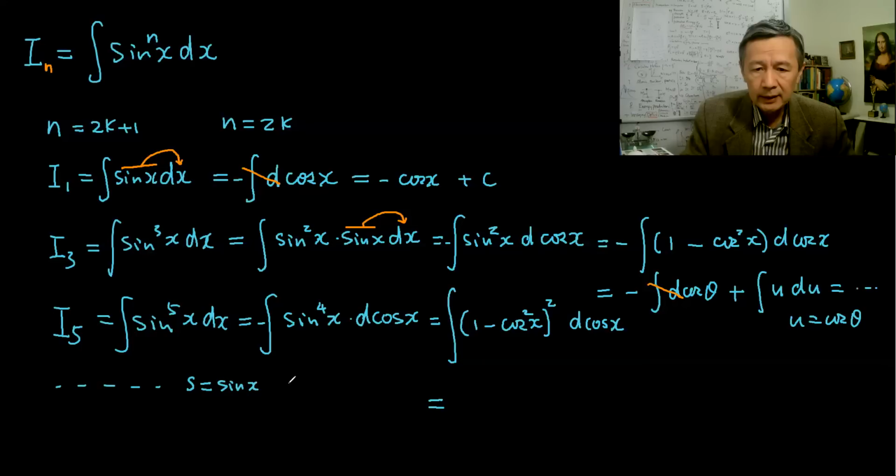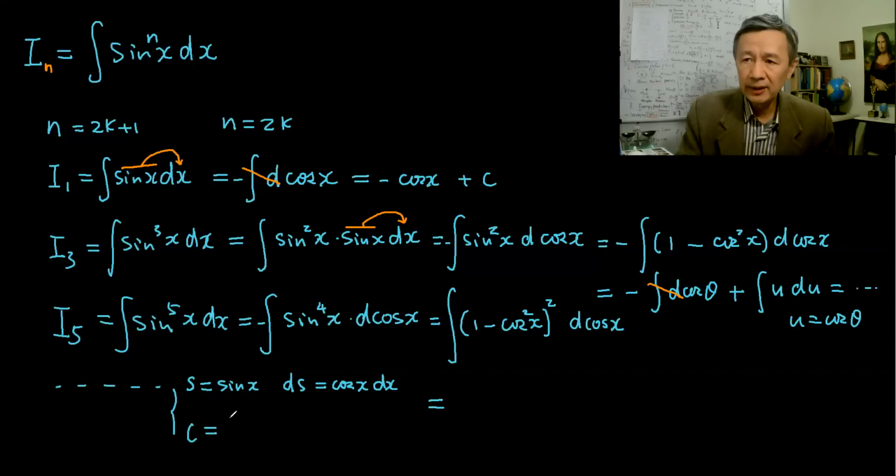Bear in mind that dS will equal cosine x dx. So when I have a cosine, I just write to make sure it's cosine x and dx. Similarly, I would like to simply use C to represent cosine. Of course, if the expression involves other trigonometric functions, you must be careful.